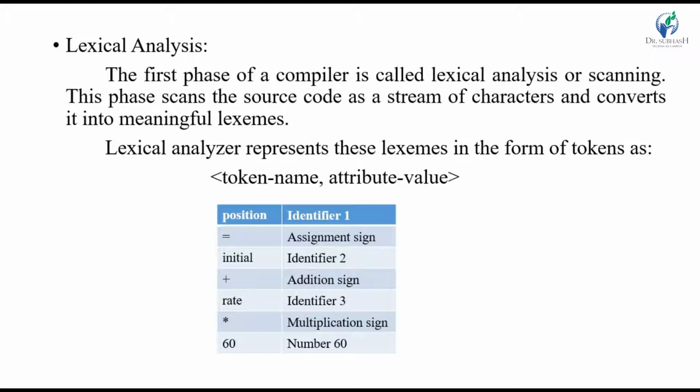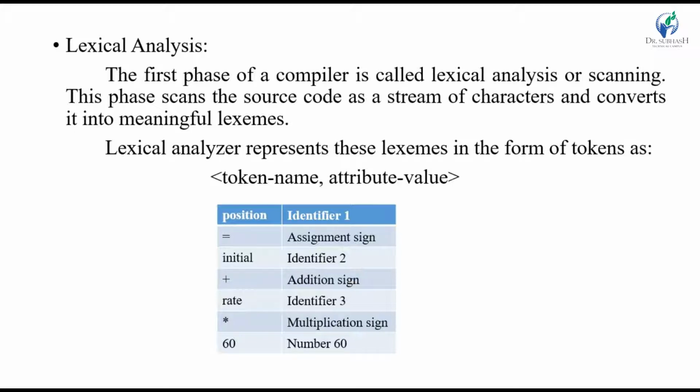A token is a pair consisting of a token name and an optional attribute value. The token name is an abstract symbol representing a kind of lexical unit, for example, a particular keyword or a sequence of input characters denoting an identifier.